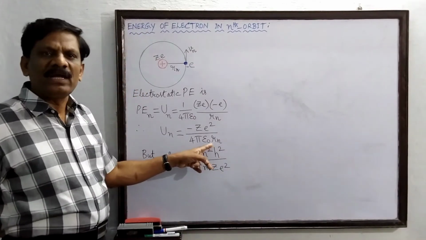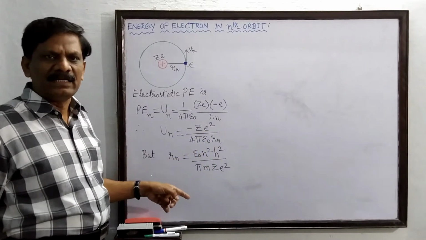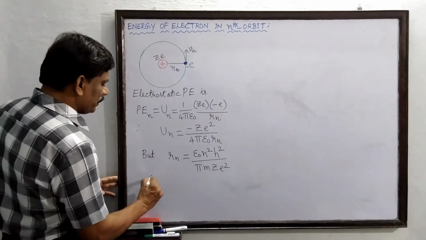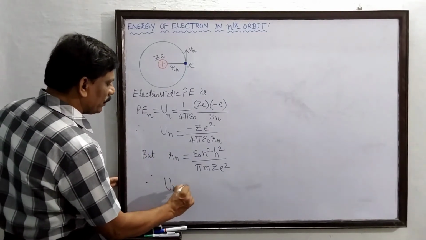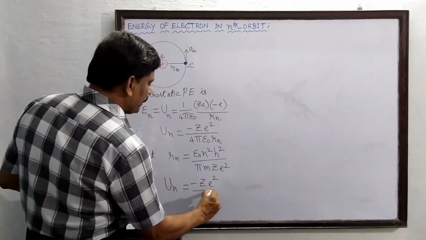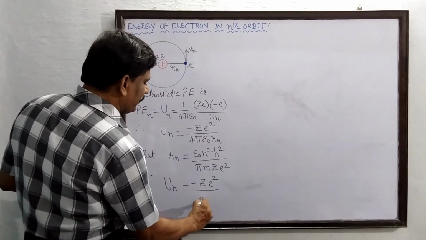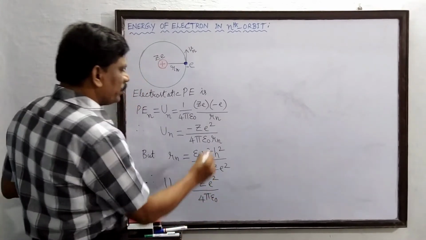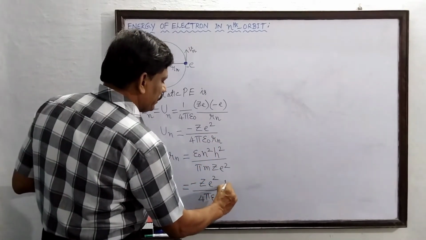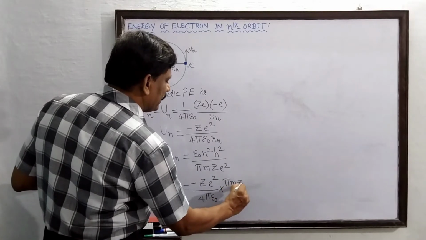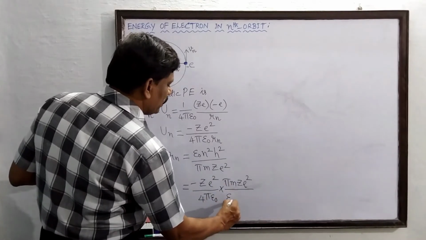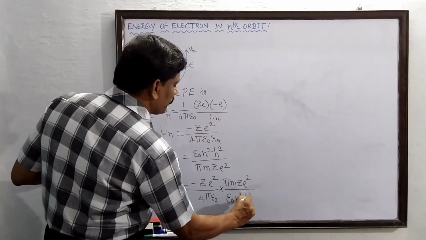Since the radius of the electron is in the denominator, I substitute for Rn. Therefore, Un is now equal to minus Ze square divided by 4 pi epsilon naught, into 1 by Rn. So, I am going to multiply with the reciprocal of this, into pi m Ze square divided by epsilon naught n square into h square.